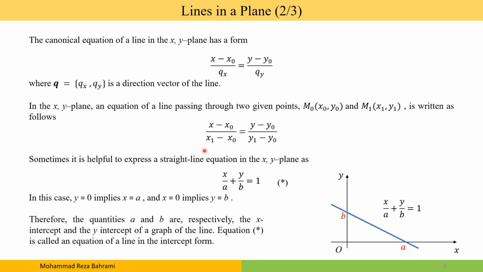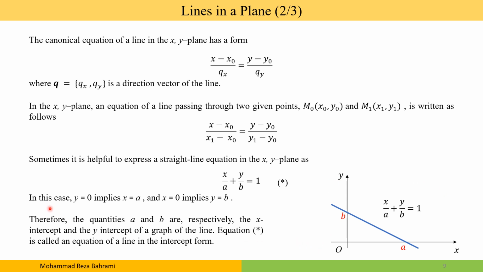Sometimes it is helpful to express a straight line equation in the xy plane as this expression, x over a plus y over b equals 1. You can see it here as illustrated.